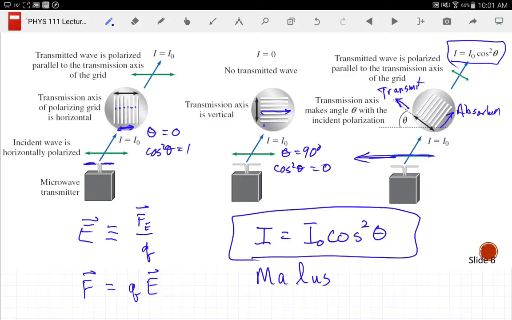So if I just have light and it goes through my polarizer, half gets through if it was unpolarized. So if you're wearing polarized sunglasses, the polarizer will cut out half of the light. So it will be darker. But then if you have polarized light, you'll cut out none or all or somewhere in between depending on the angle.